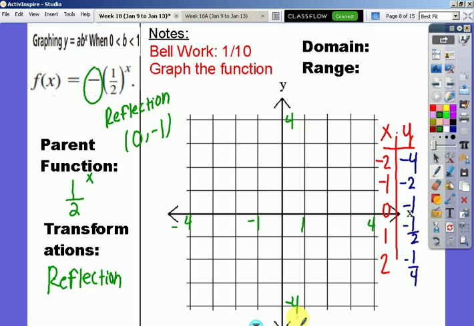And then I'm going to graph -2, -4. -1, -2. 0, -1. 1, -1/2. And 2, -1/4.